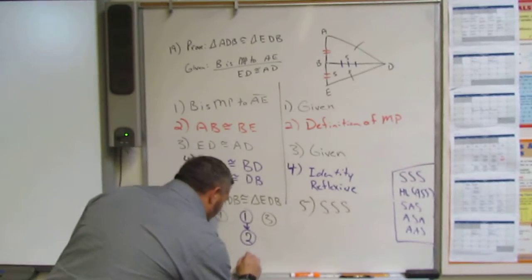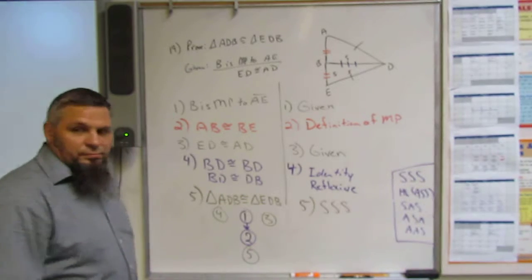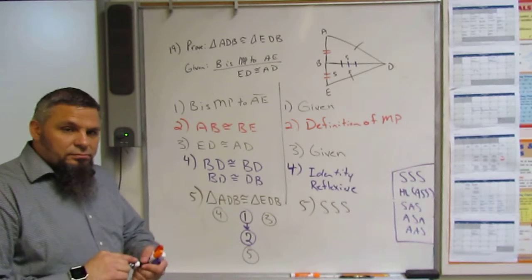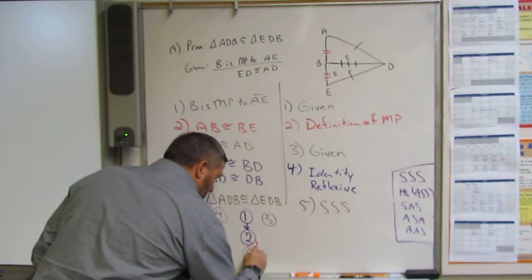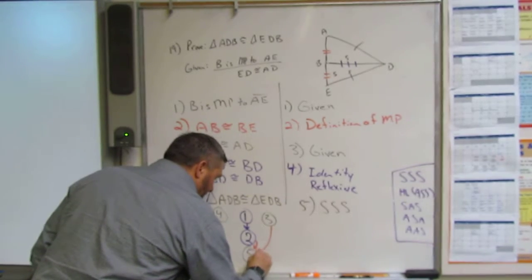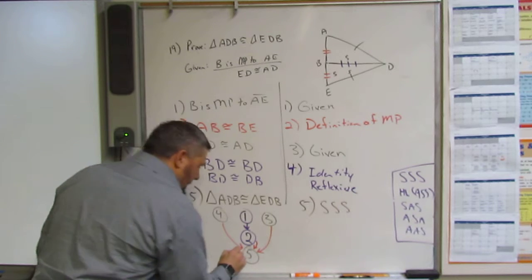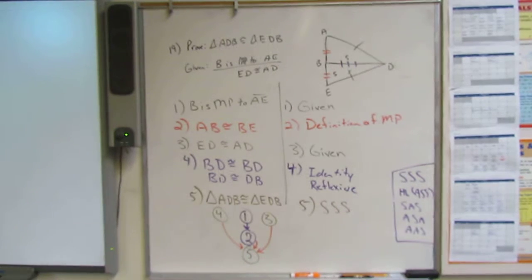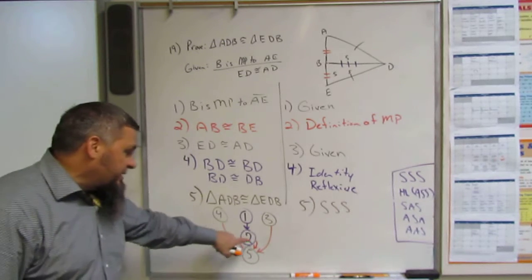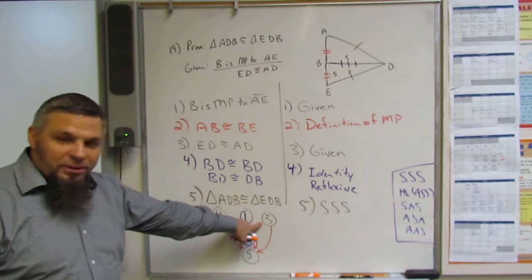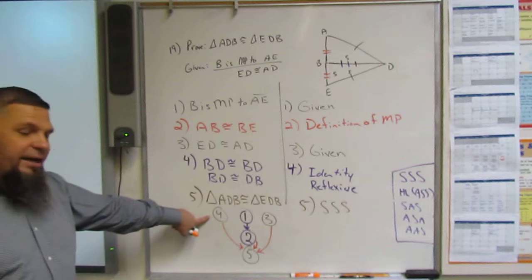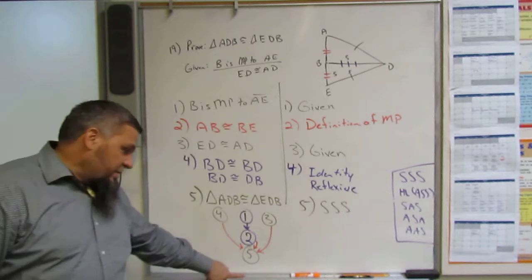And then how did we get 5? From 2, from 3, and from 4. Side, side, side. We had to have a side from number 2, a side from number 3, and a side from number 4 in order to get 5.